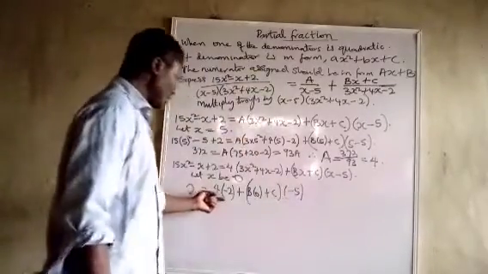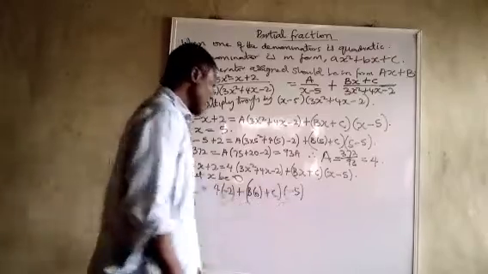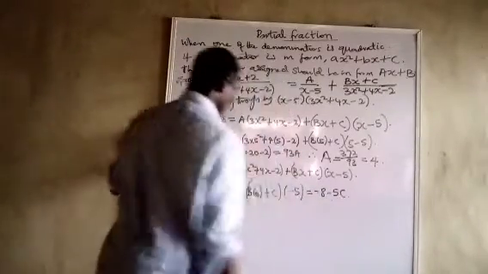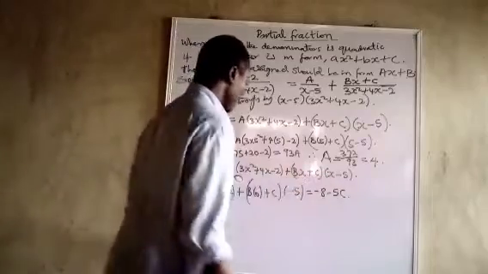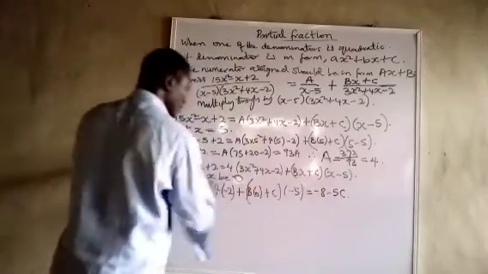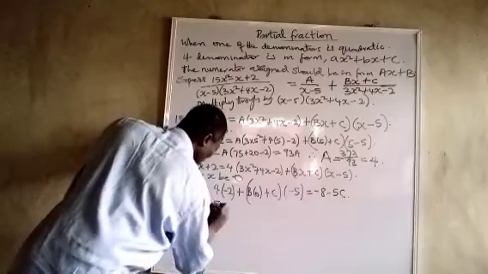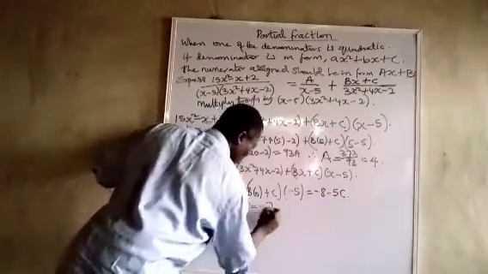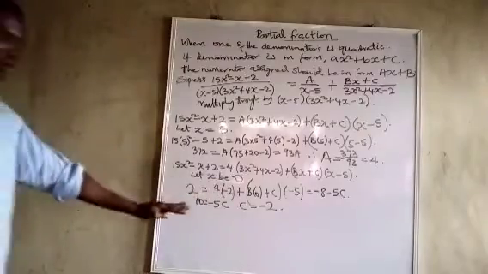So this is minus 8 minus 5c. So what does that give me? It brings this one to 10, so 10 equals minus 5c. So c is equal to minus 2. You can see that c is equal to minus 2.